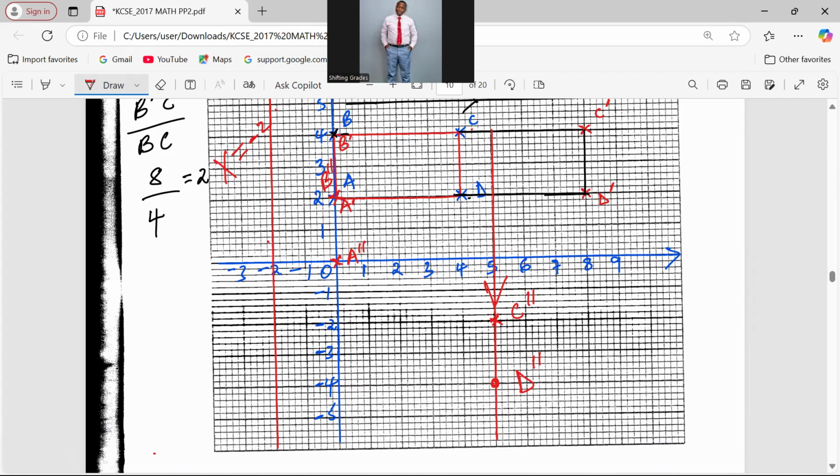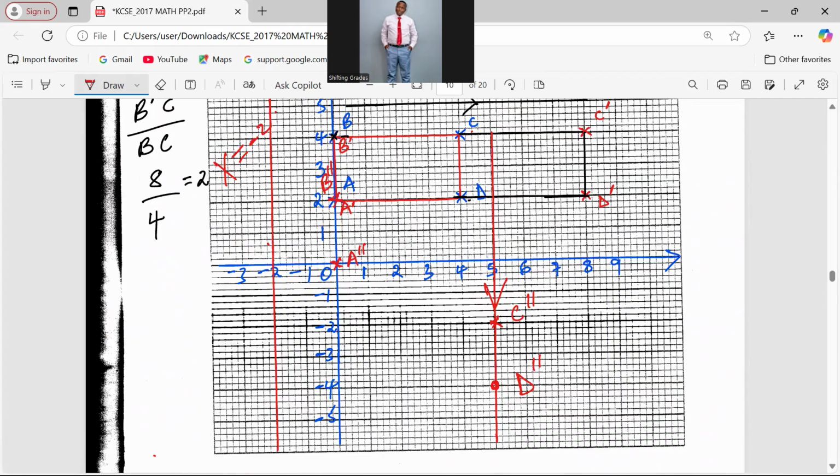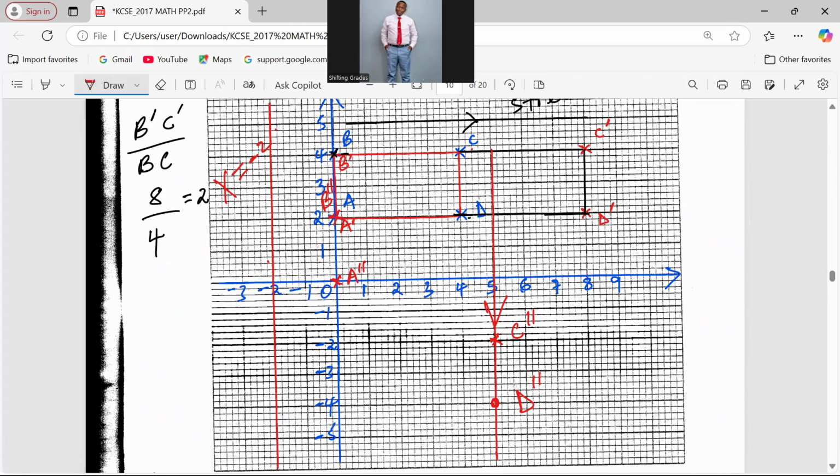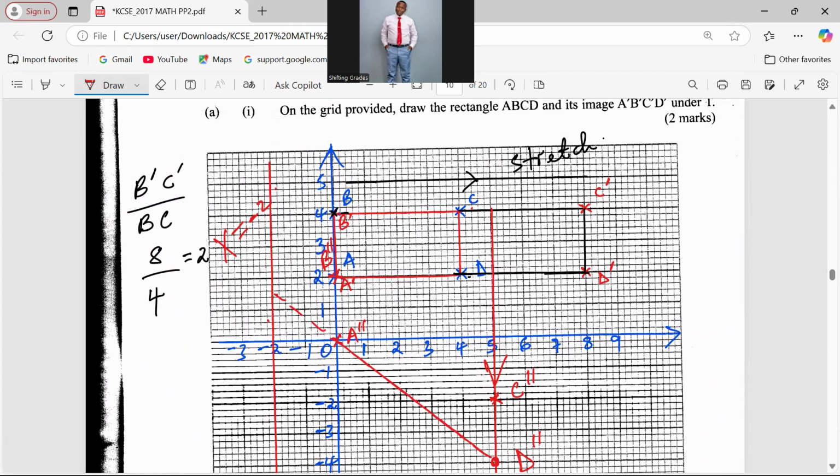This way, we are ensuring that when A is connected to D, we are getting a parallelogram, and now we can link them to the invariant line like that. So this one can be connected to A, then linked to the invariant line that way.